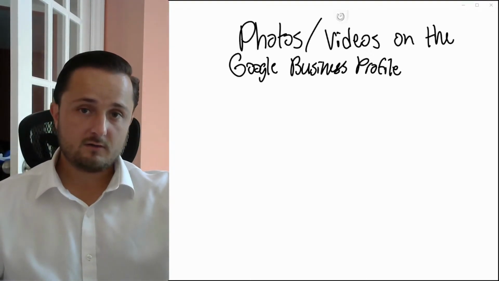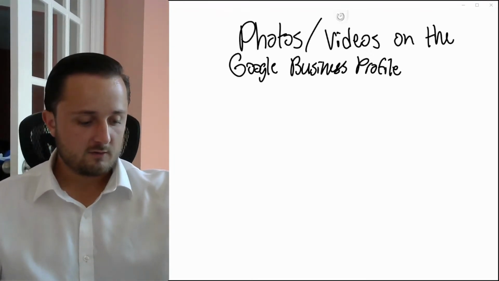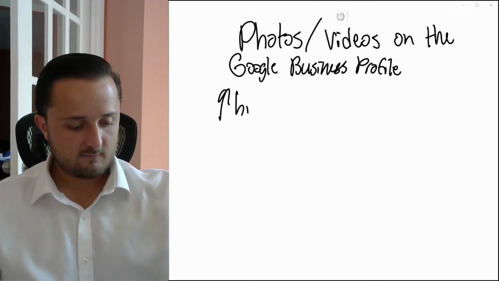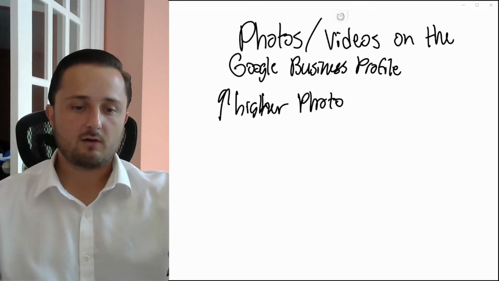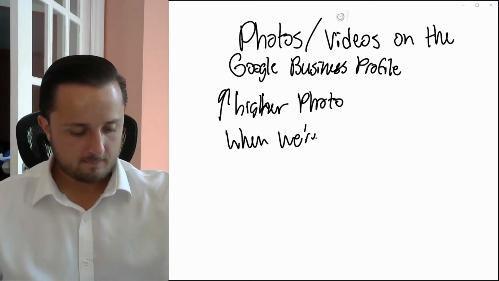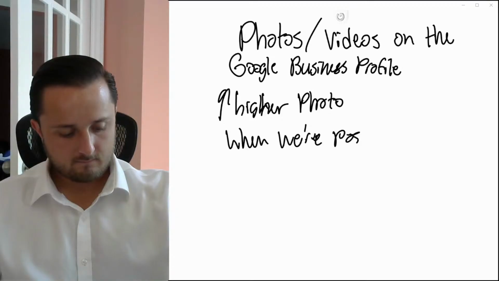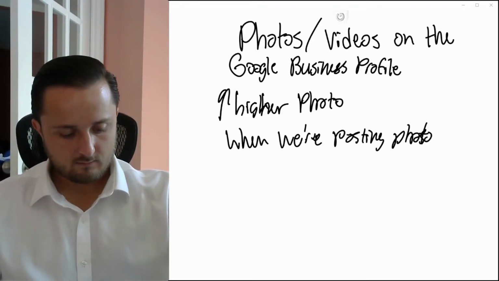So on your Google Business Profile, you need a higher photo count. Or what you need to do is set a weekly or monthly cadence on when we're posting photos.